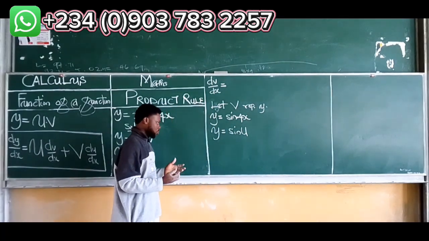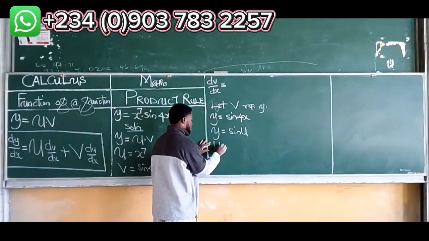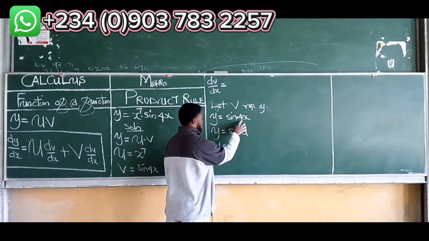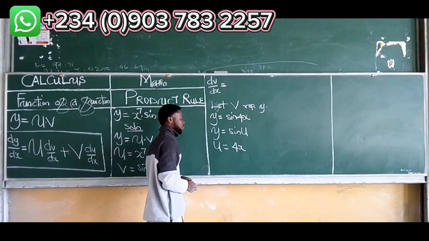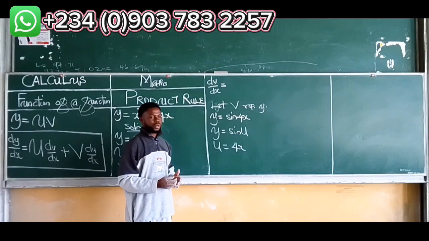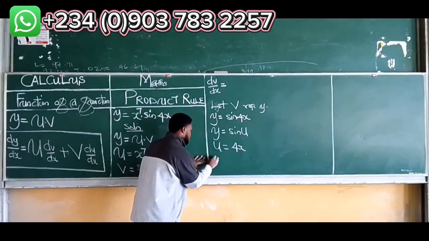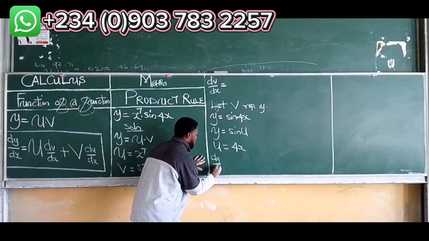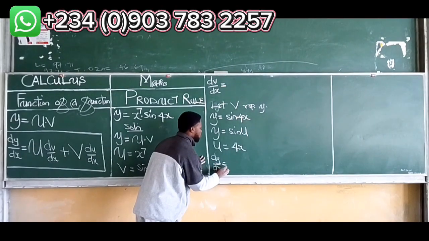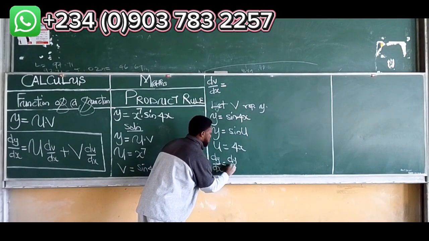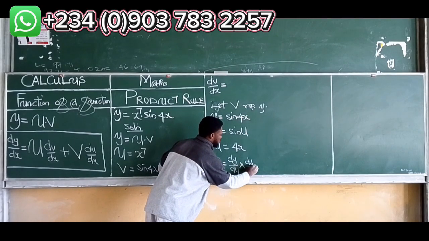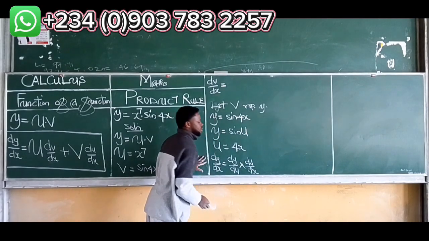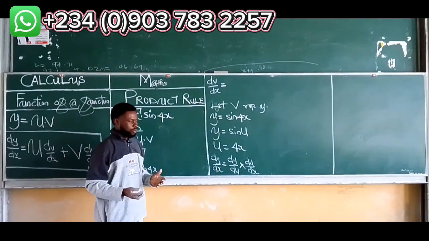So if 4x is u, then u will equal to 4x. Having known this, let us record the formula for chain rule. In chain rule, dy over dx is equal to dy over du times du over dx. This is the formula for chain rule.